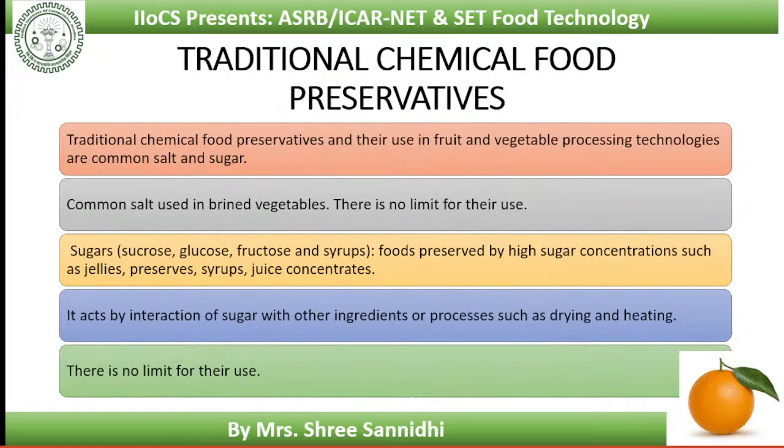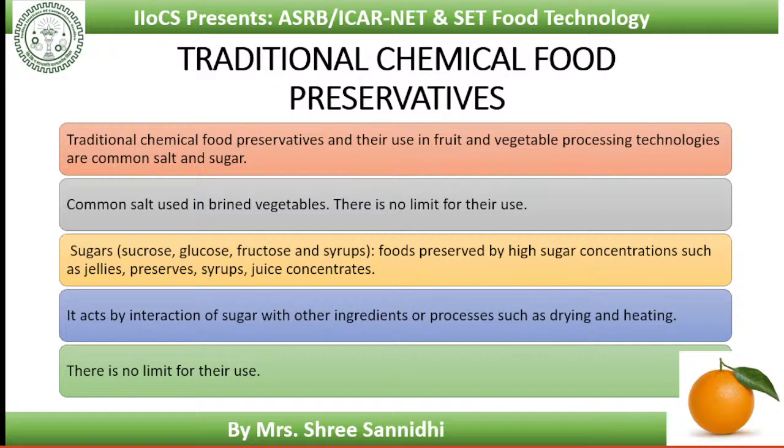Next is traditional chemical food preservatives. Traditional chemical food preservatives are used in fruits and vegetable processing technologies. So the best examples are salt and sugar.